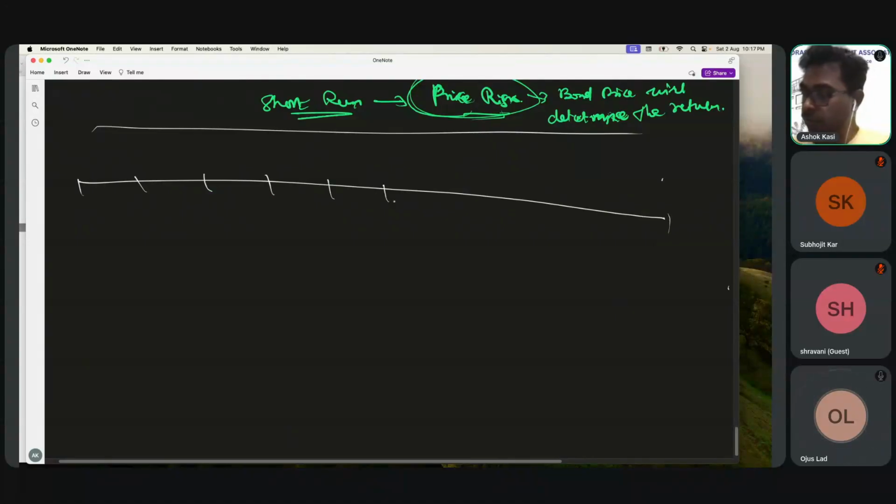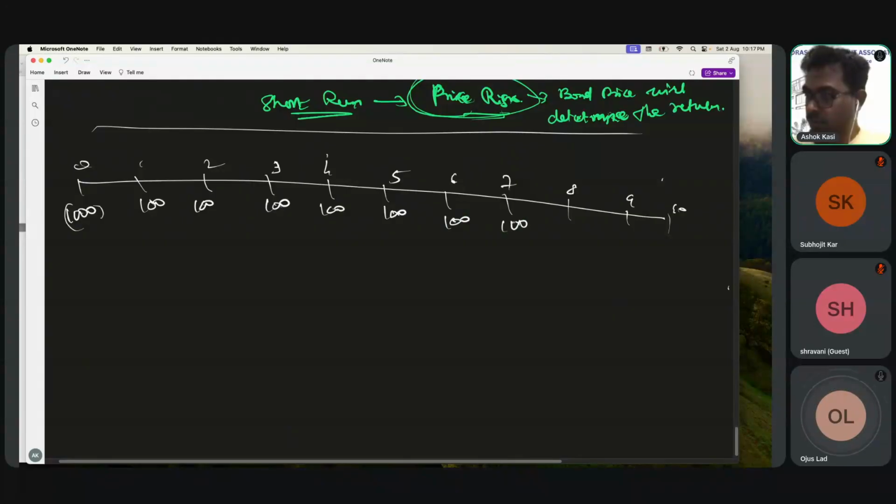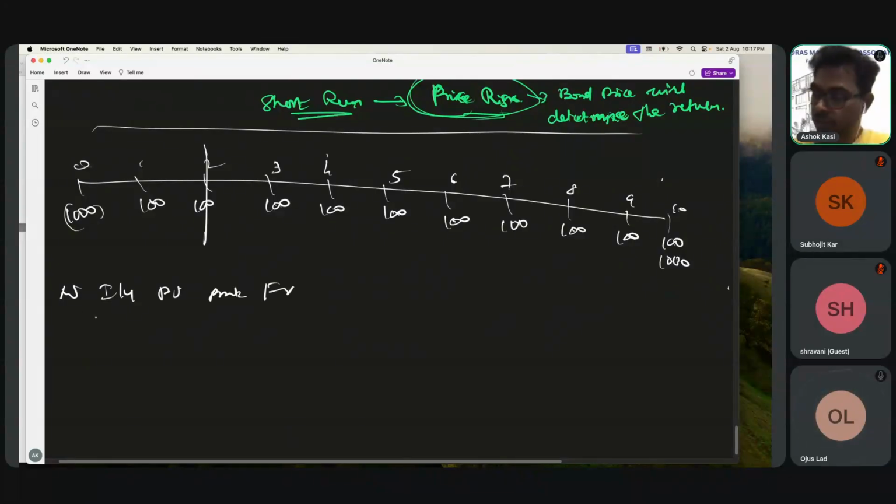For 2 years, the interest rate has come down to 9%. So now you are going to reinvest at what rate? 9%. Payment 100. What is the future value? Calculate.